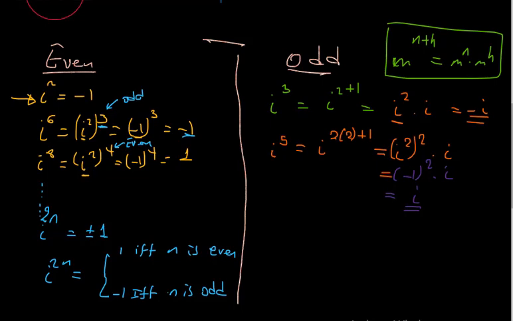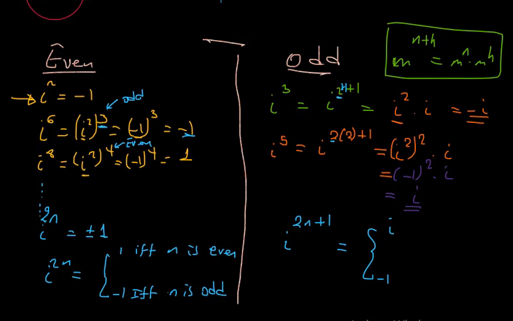Therefore, let's draw a conclusion here. i to the power of, let it be odd, let it be 2n plus 1. There you have 2 times n, plus 1. So in this case, the result will be either positive i or negative i.